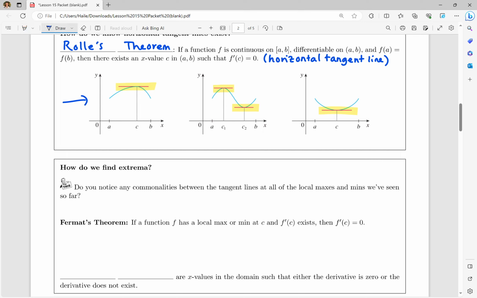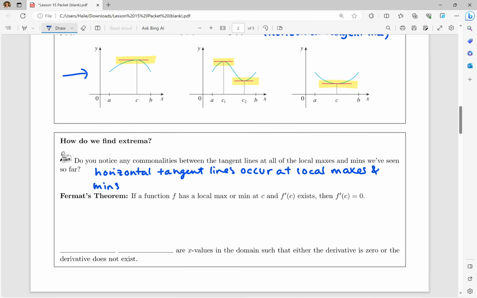So that's what I'm noticing: horizontal tangent lines occur at local maxes and mins. Okay, so that's an observation.